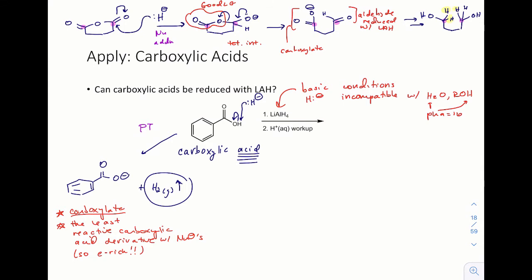If that is indeed the case, then that lets us know that carboxylates do react with lithium aluminum hydride. There's no other way these 2 hydrogens get on that carbonyl carbon except by carboxylate reacting with lithium aluminum hydride.